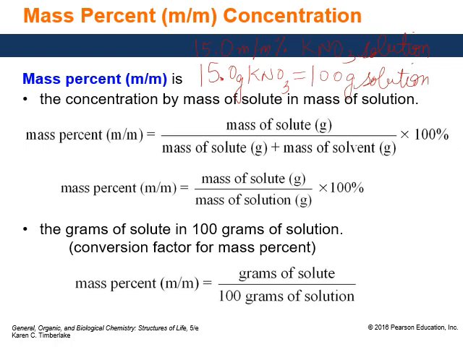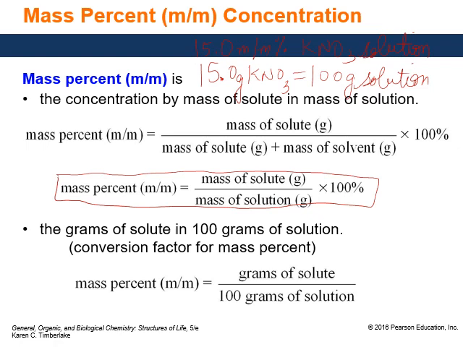So again, if the question wants you to calculate a concentration, use this formula. If you want to figure out the mass over mass percentage, you need to figure out the mass of solute and the mass of solution, and plug it into the formula. If the question gives you a concentration, then use it as a conversion factor.